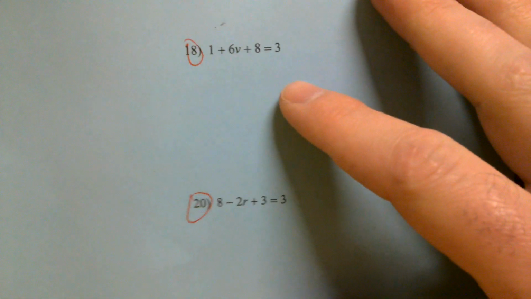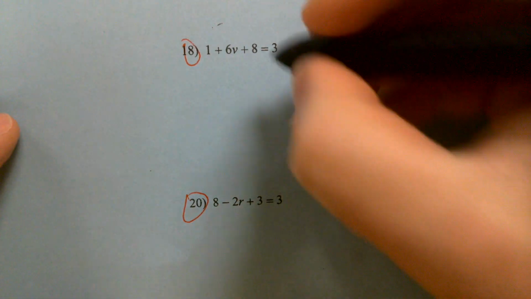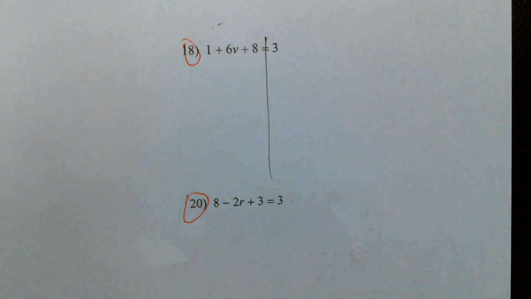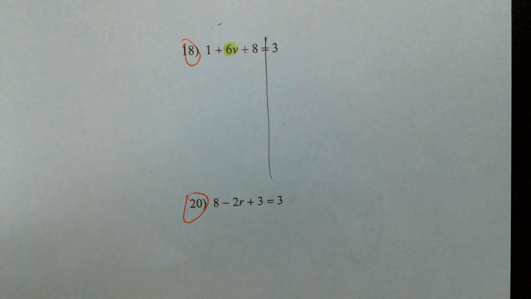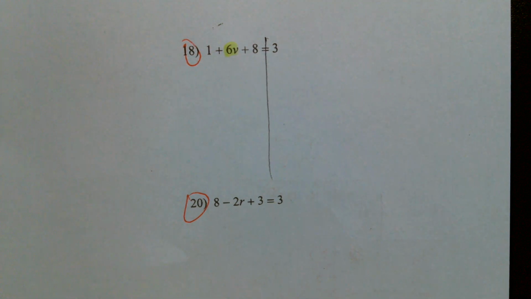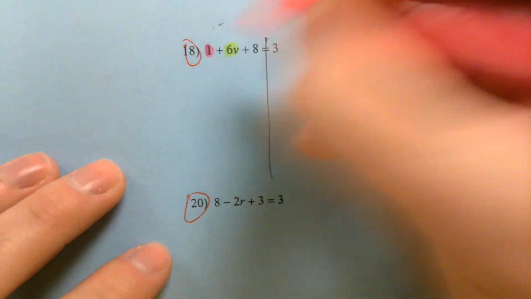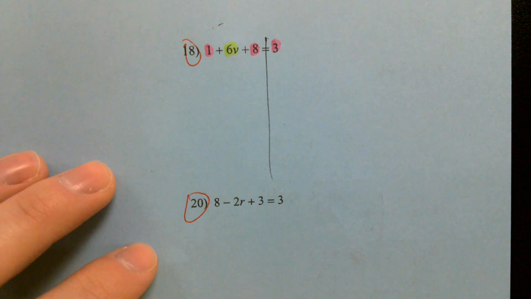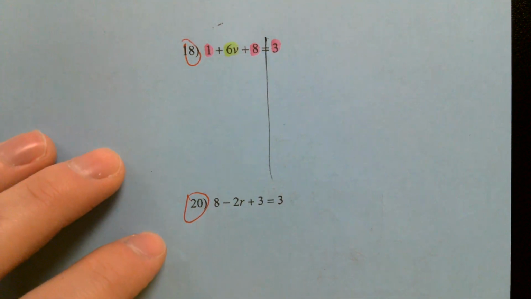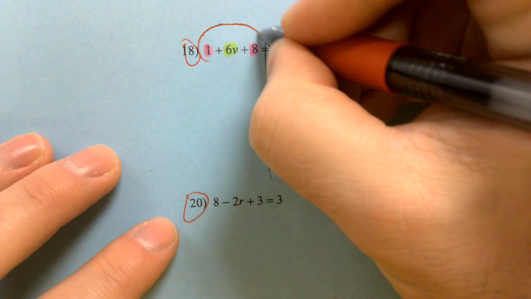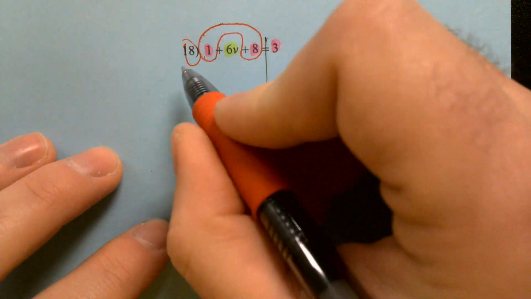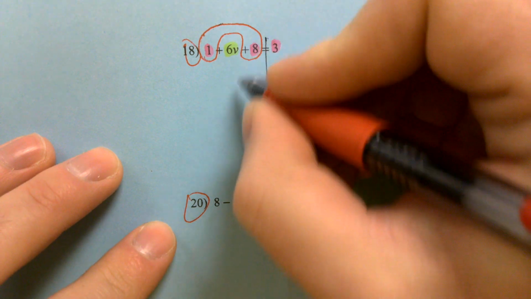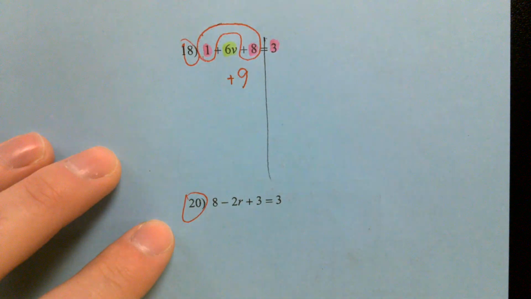We've got to combine like terms first. If we look at number 18, my only variable term here is 6v. So we're not going to do anything with that until it's time to divide at the end. I've got a 1, I've got an 8, I've got a 3. I'm going to combine these pink terms together. 1 plus 8 is just 9.